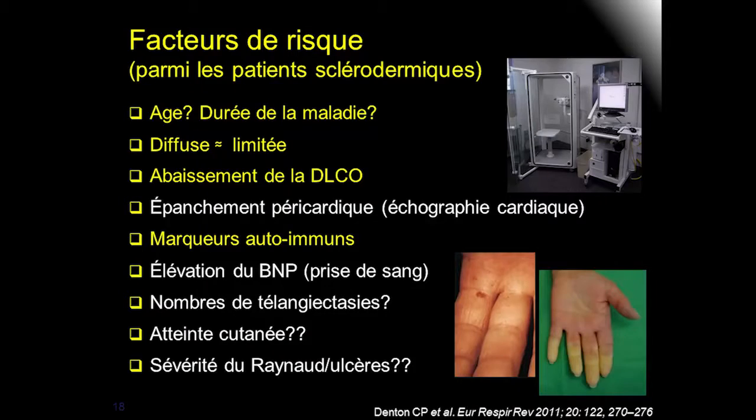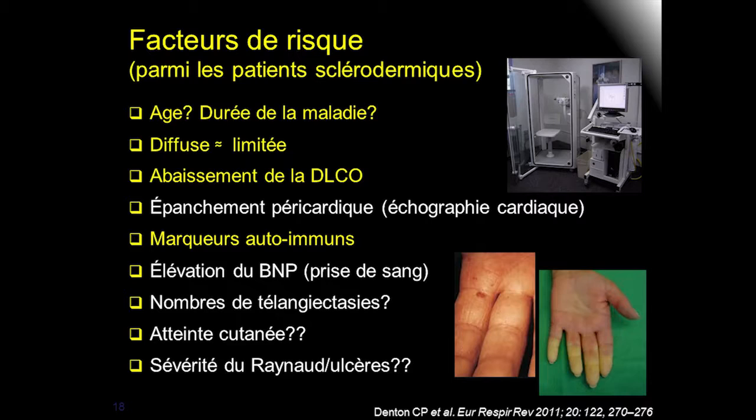In fact, we have some patients where PAH is diagnosed, and later on we diagnose the underlying scleroderma. In other words, PAH was diagnosed before scleroderma. In the past, it was said that PAH affects CREST syndrome, limited forms of scleroderma, and diffuse is not affected. But we know that is no longer true. All things being equal, PAH is as frequently observed in diffuse as limited forms of scleroderma.